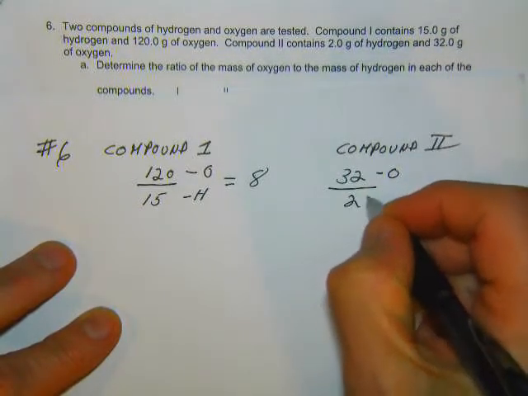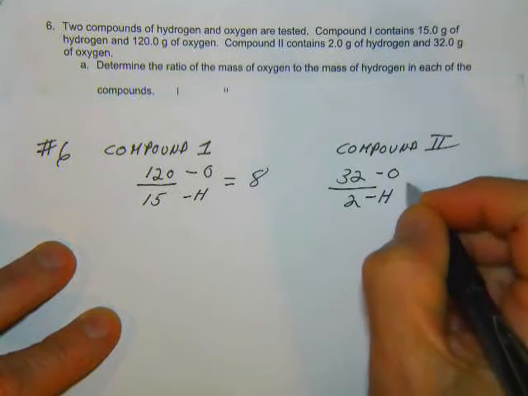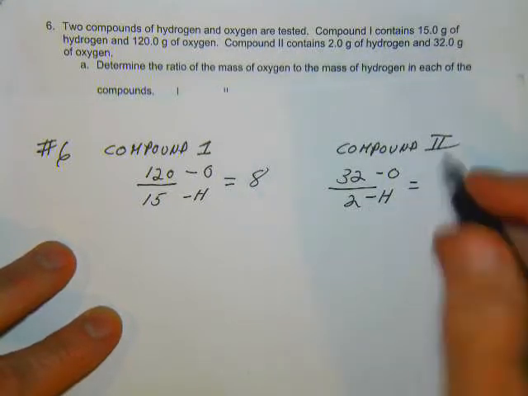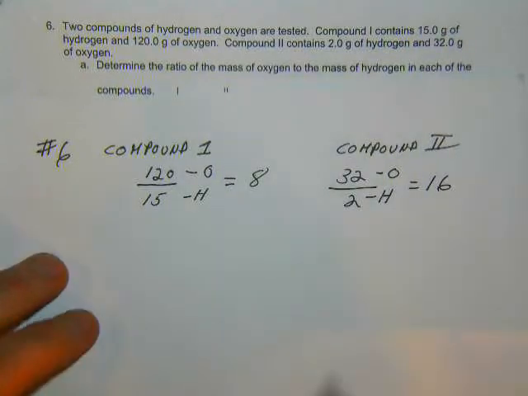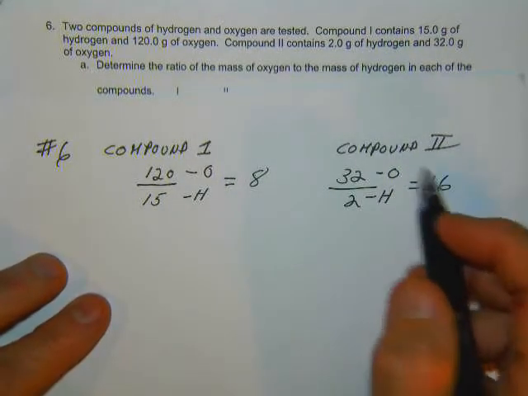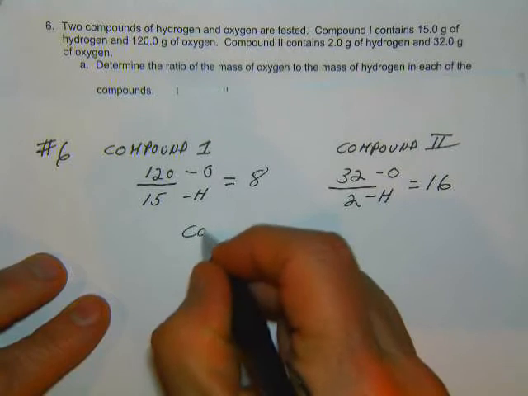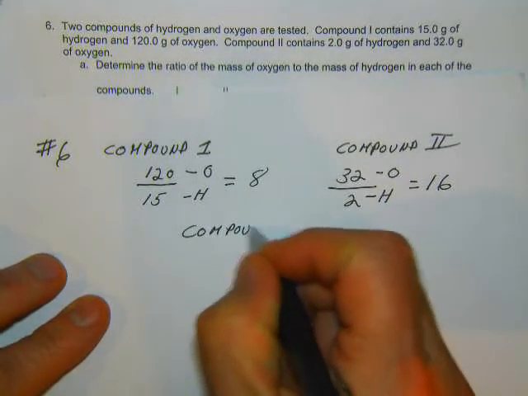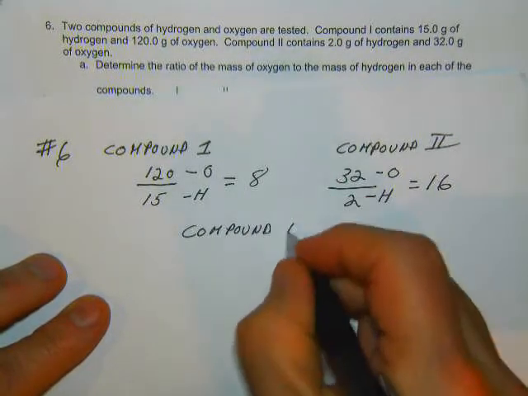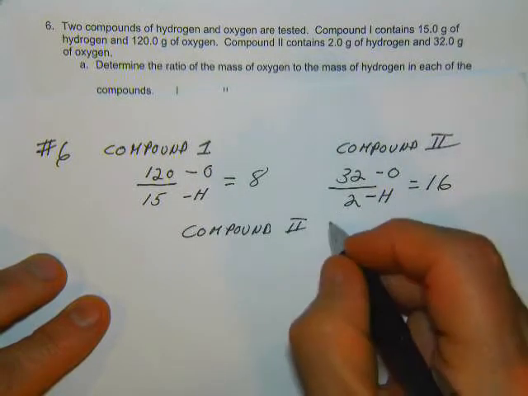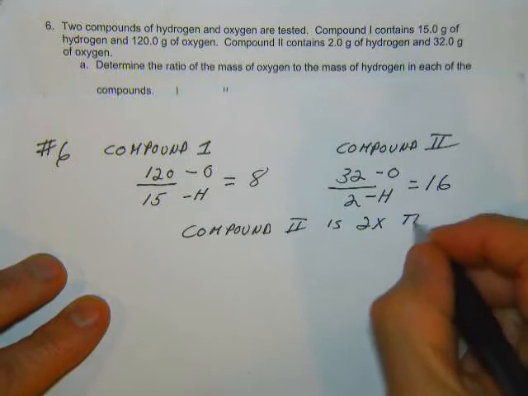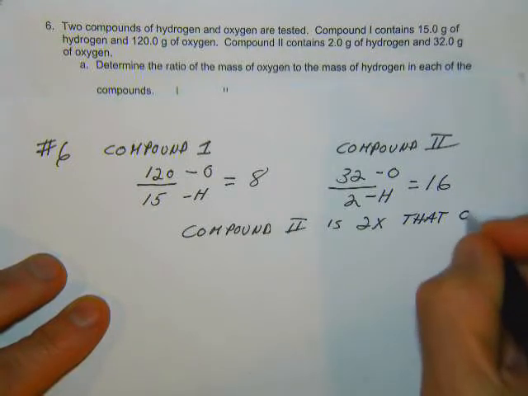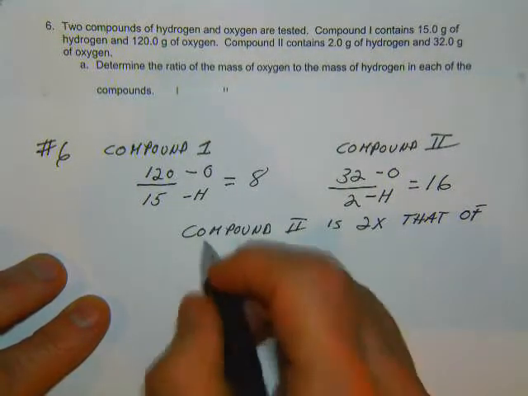So 32 to 2 of hydrogen. If we do 32 divided by 2, that's pretty obvious. That's 16. Well, we can see compound 2 is 2 times that of compound 1.